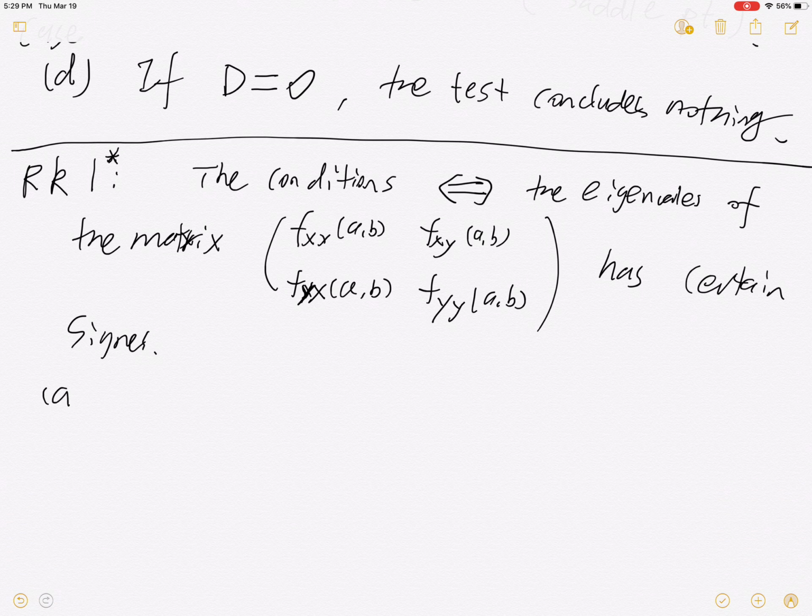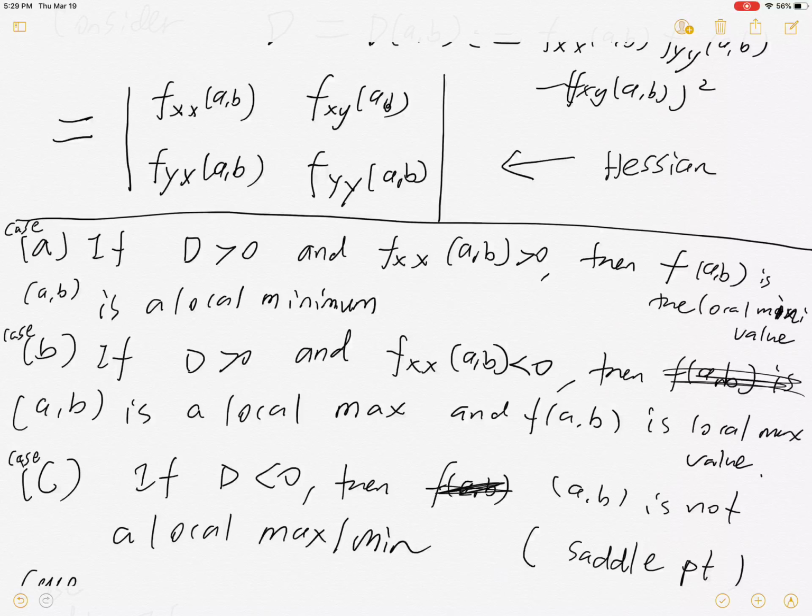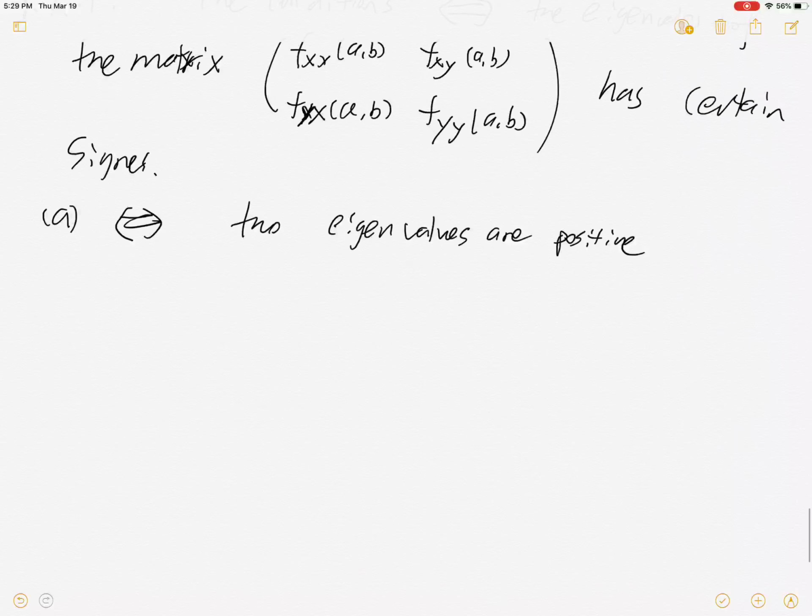For example, case A actually means two eigenvalues are positive. Case B, so let's recall case A, you have determinant greater than 0, f_xx greater than 0.